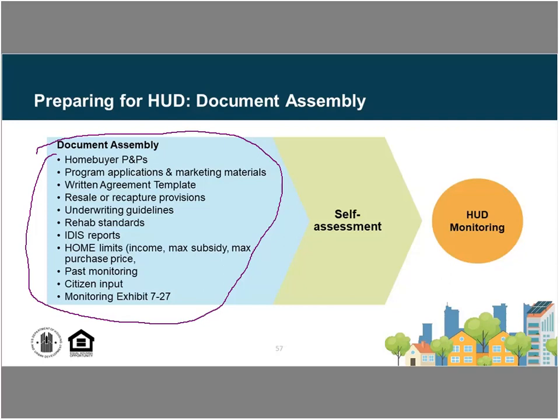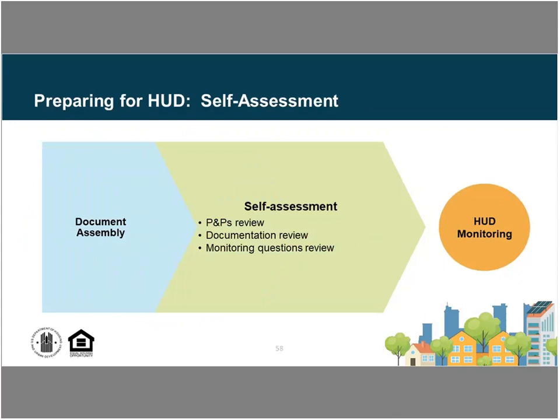So you want to do your document assembly, and then we want to move into our self-assessment. Remember, our self-assessment consists of three things. First, we want to look at our policies and procedures, and review those to ensure that they're complete and compliant. We've gone through on the last couple of slides how we can expand on our policies and procedures in different areas, and different questions you can ask yourself.